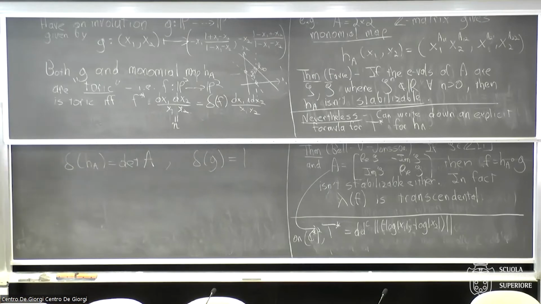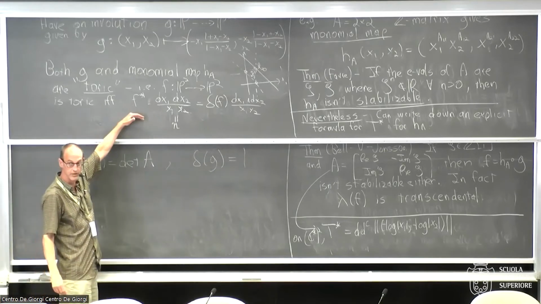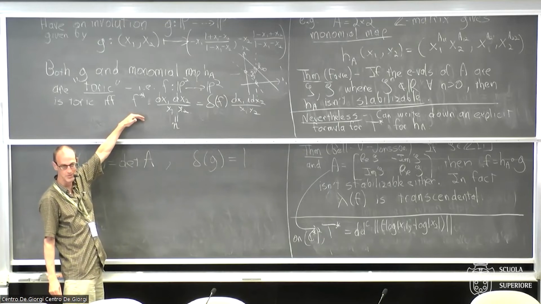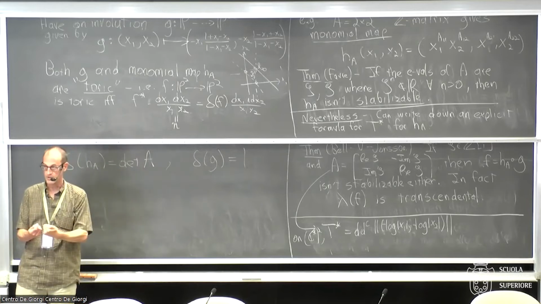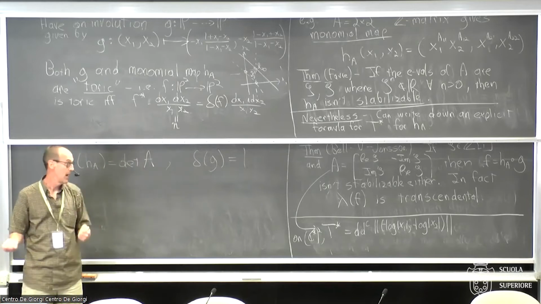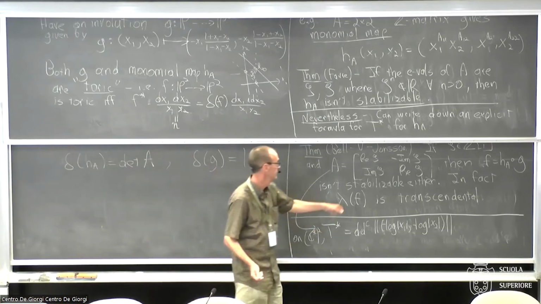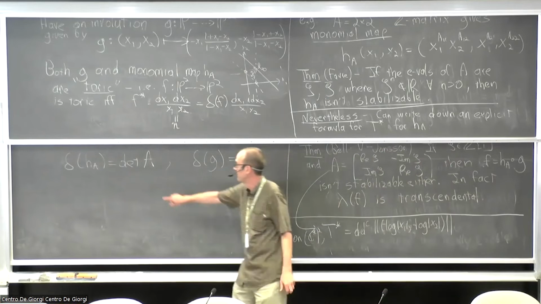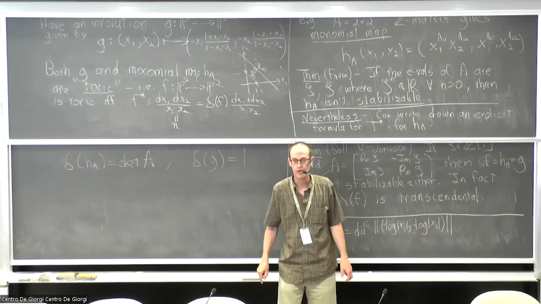Okay. And it's pretty clear from my definition. Well, after I've told you to worry about composition, suddenly nothing seems clear. But pulling back forms is good. So if you have 2 toric maps and you compose them, you get another toric map. So the map in this theorem, H_A composed with G, that's also toric. Okay.